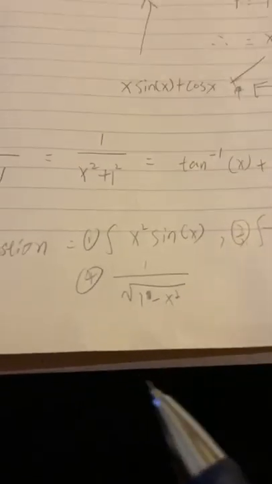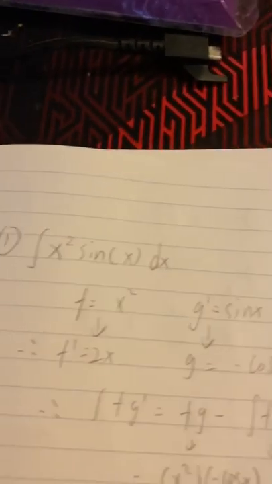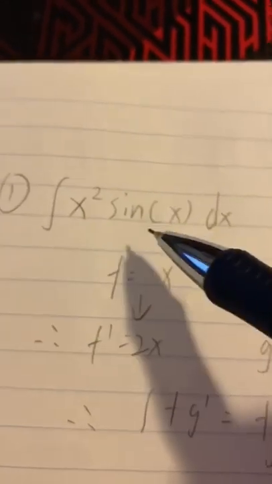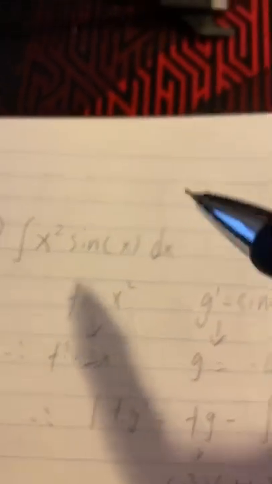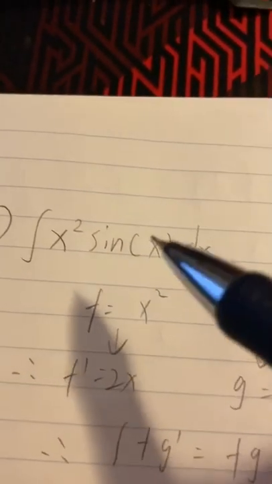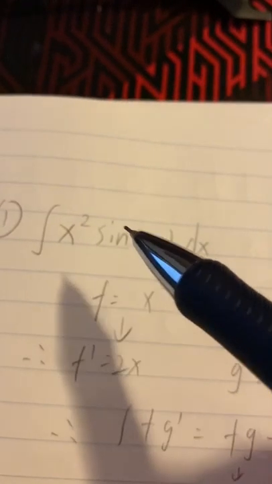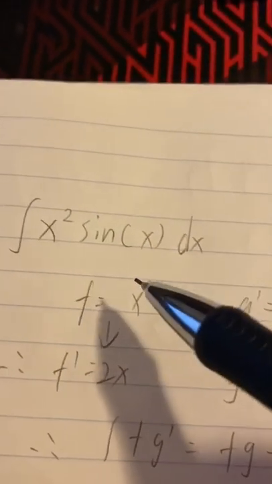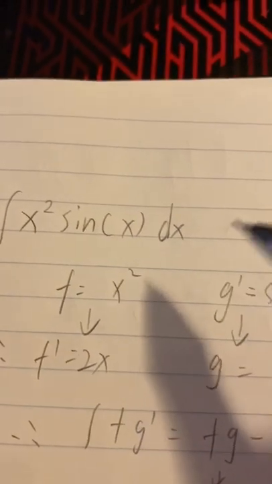Now I will explain the difficult one. For question 1, I choose x squared. Find the antiderivative of x squared multiplied by sin x.